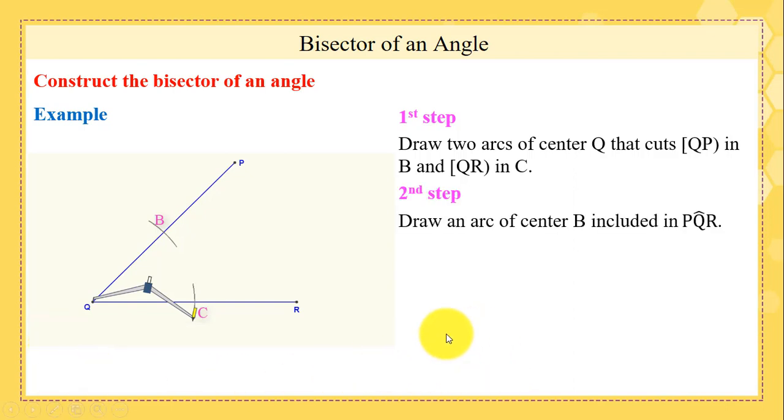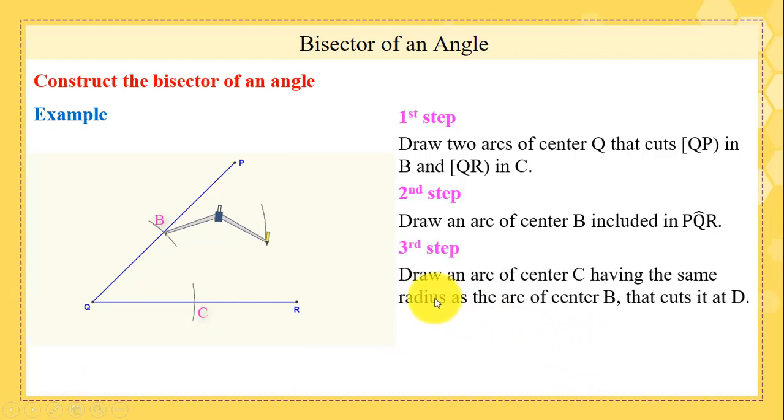Second step, draw an arc of center B included in PQR. Now put the needle at point B and draw an arc included in angle PQR. Third step, draw an arc of center C having the same radius as the arc of center B that cuts it at D. Make another arc using the same radius and put the compass on point C, and go ahead and make another arc.